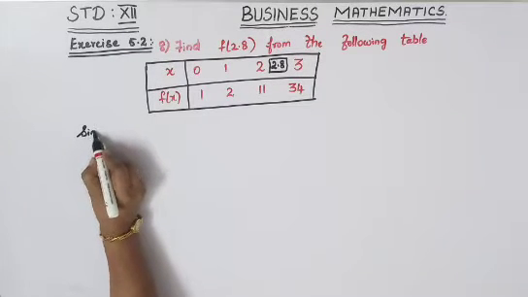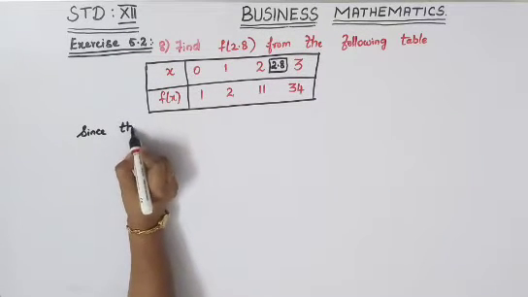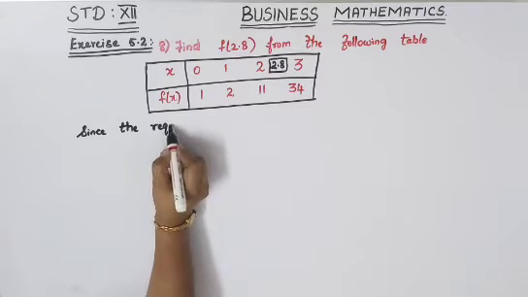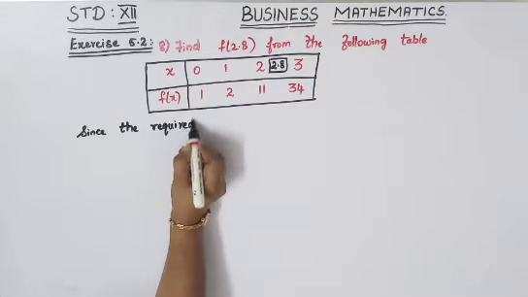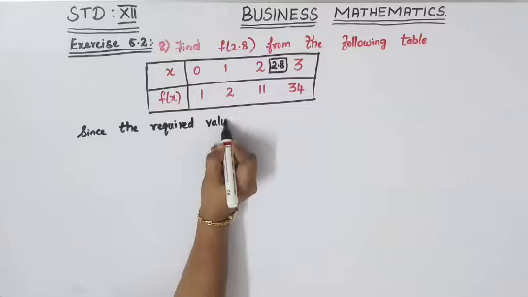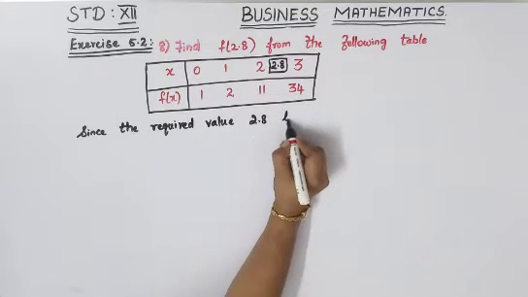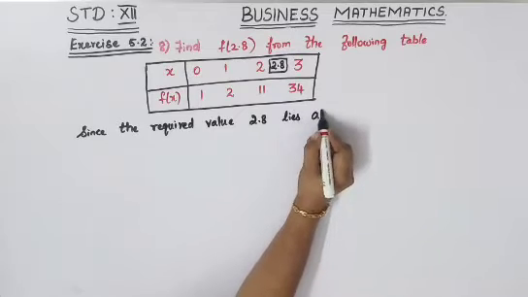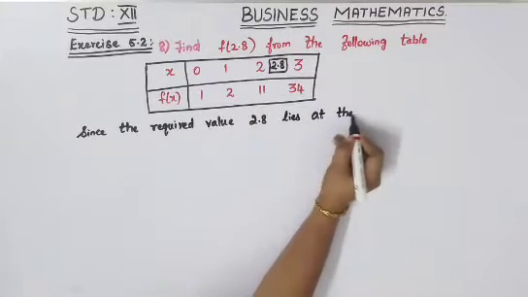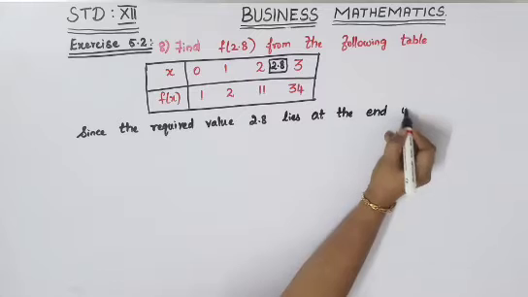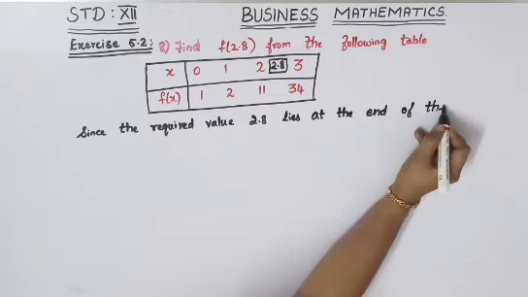Since the required value f(2.8) lies at the end of the table.